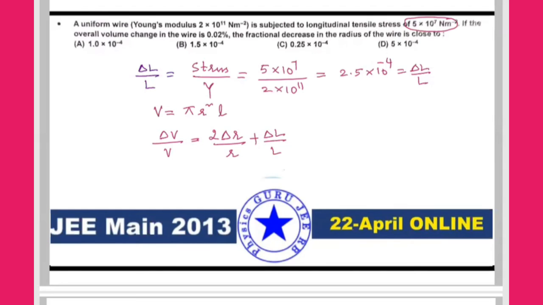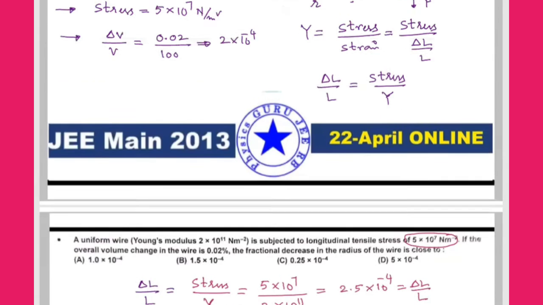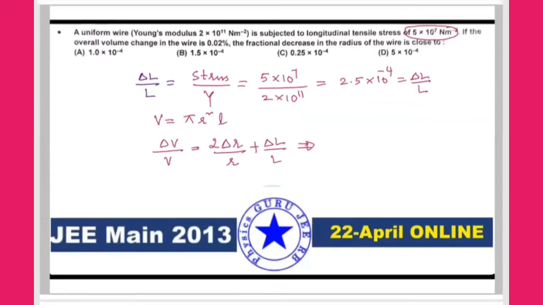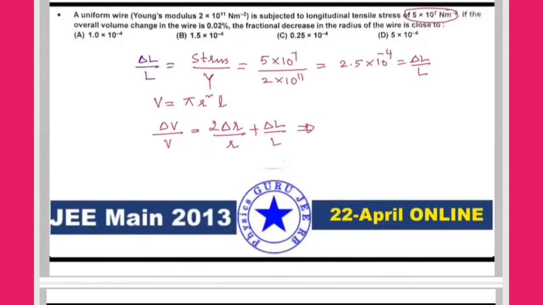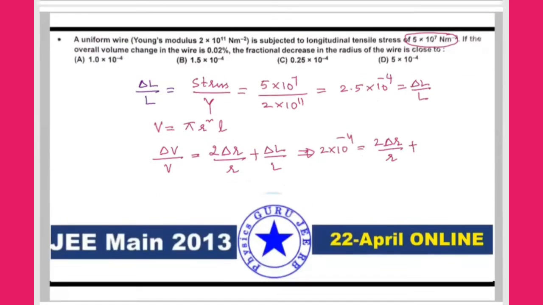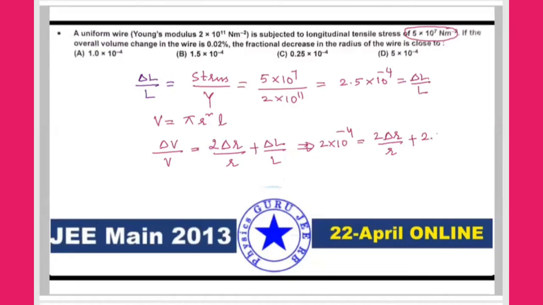Delta V by V is given as 2 into 10 to the power of minus 4. So 2 into 10 to the power of minus 4 equals 2 into delta R by R plus delta L by L, and delta L by L we already got as 2.5 into 10 to the power of minus 4.